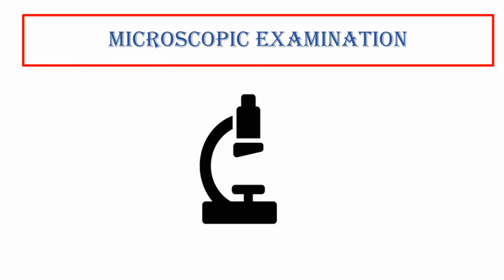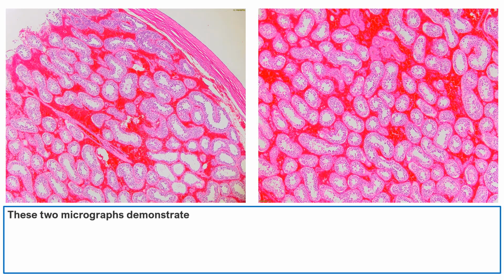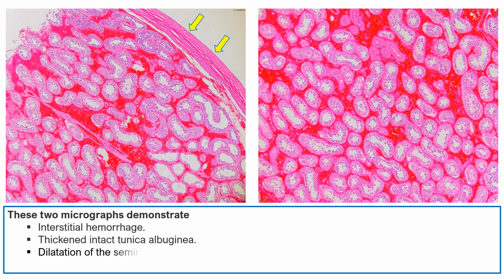Microscopic examination. These two micrographs demonstrate interstitial hemorrhage, thickened intact tunica albuginea, dilatation of the seminiferous tubules, sloughing of germ cells.